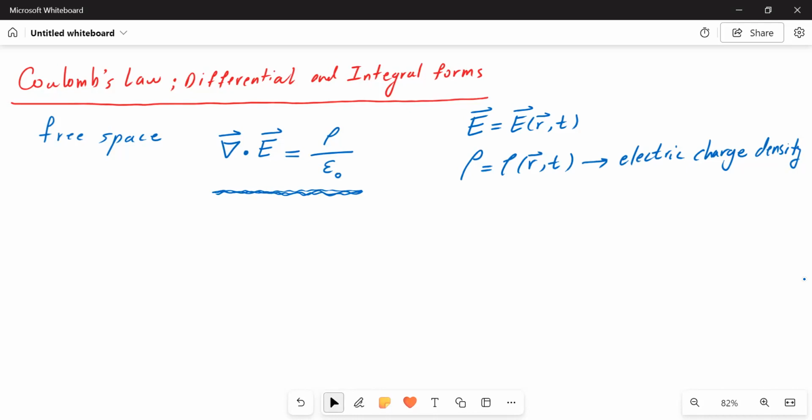Remember, these are functions of space and time. So if I have a charge distribution in some region in space, I can actually talk about the divergence of the electric field as a result of that charge distribution. Now, this is obviously the differential form of Gauss's law, or some may call it Coulomb's law.